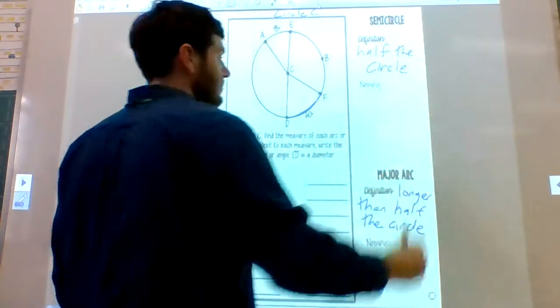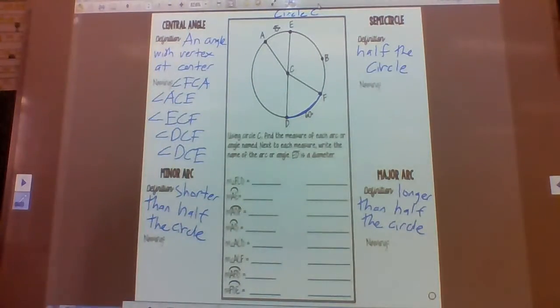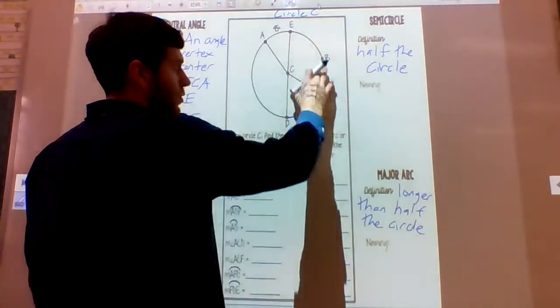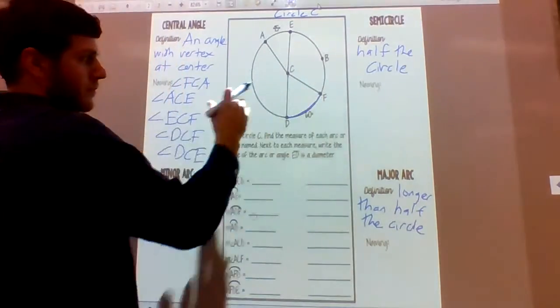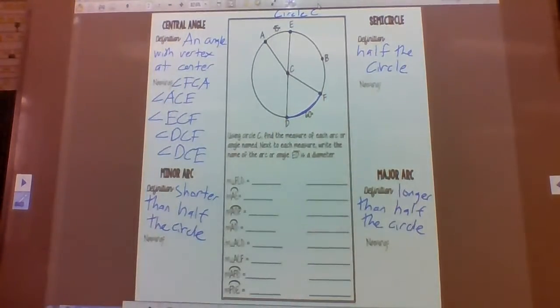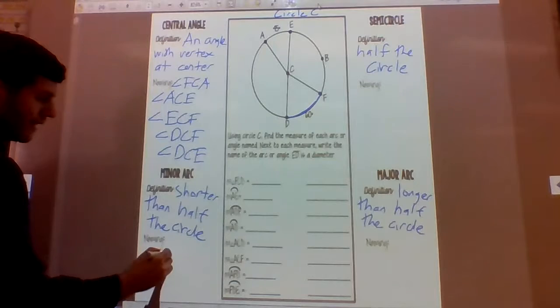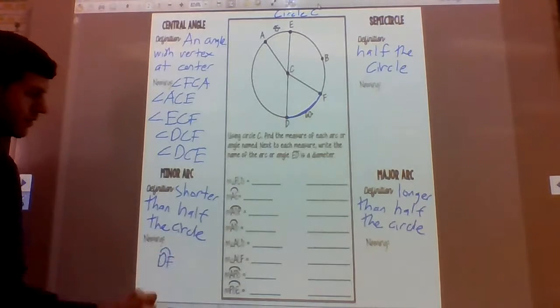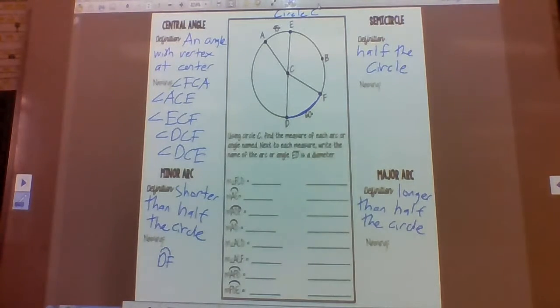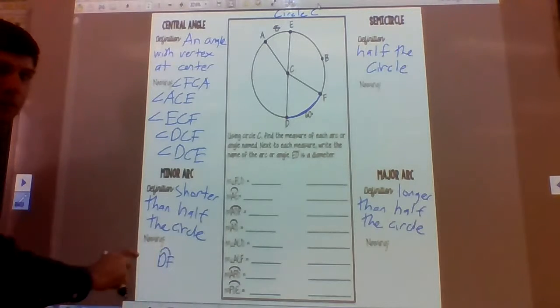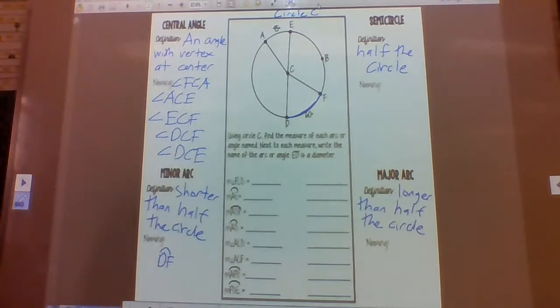So DF, the arc we have highlighted here, is less than half of the circle. It's shorter than half the circle, so it's going to be a minor arc. We use the two endpoints to define it. The two endpoints are D and F, so we put DF, and a little arc-looking line on top, because instead of a segment, line, or ray, it's an arc.